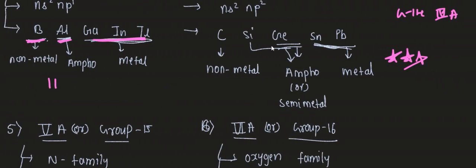What is the code here? 113. And what about here? 122. For example, if I ask you for group 13, what is the code? 113, and for group 14 the code is 122. Let us try to understand what 113 means.